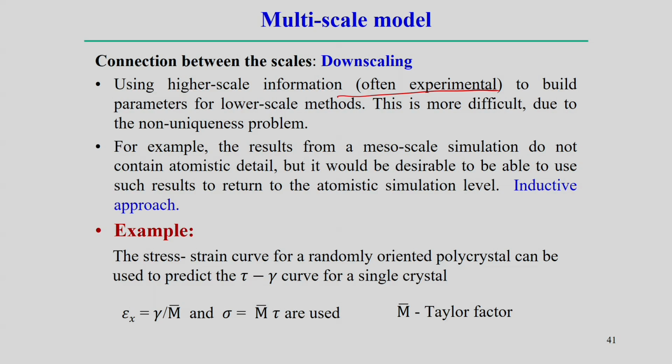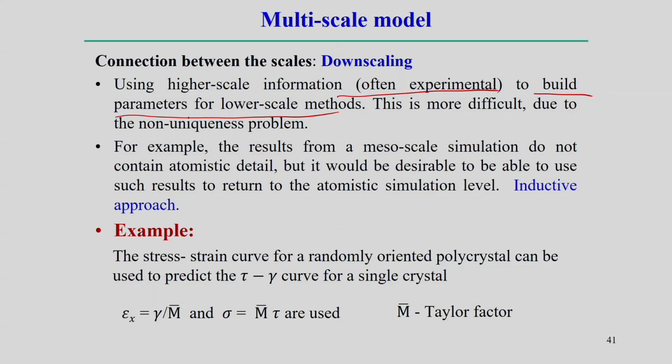For example, at the macroscopic scale we can obtain the experimental results, and that information can be passed to develop the lower scale. The only advantage here is that we have the scope to easily do the experiments, and that information can pass from the higher scale to develop the model at the lower scale, to build the parameters for the lower scale.